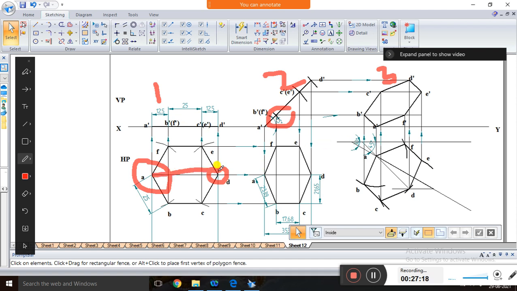This diagonal is initially 50 mm, but in the second position this diagonal will reduce, that's why you have to go with the beta angle. First you draw 30 degrees here and draw this 50 mm, the first position diagonal, and draw the locus. After that take the second position diagonal and cut the arc, so that you get a point B, and if you join AD, that will become the diagonal.